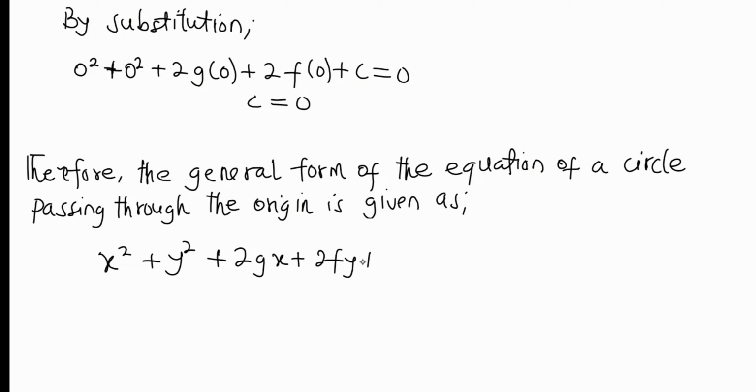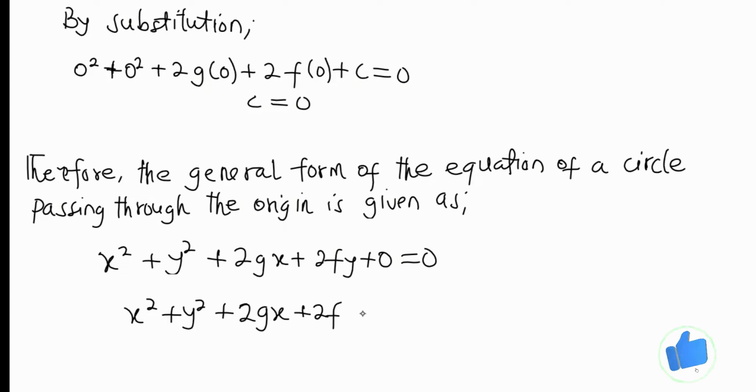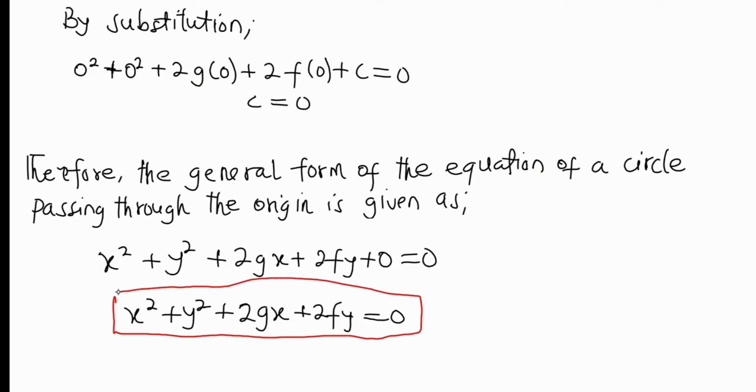So here we are going to have plus 0 equal to 0, which implies that x squared plus y squared plus 2gx plus 2fy is equal to 0. So this becomes the general form of the equation of a circle passing through the origin. And it's very simple as that.